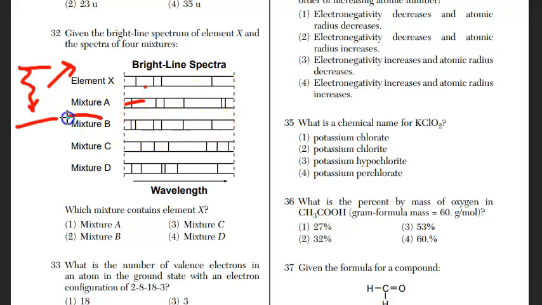So right now, mixture B is looking like my answer. But you know what? Let's check out the other ones. Mixture C, again, I'm already missing the first line. It doesn't match up. And same thing with mixture D. So that makes our answer here, mixture B, or choice 2.